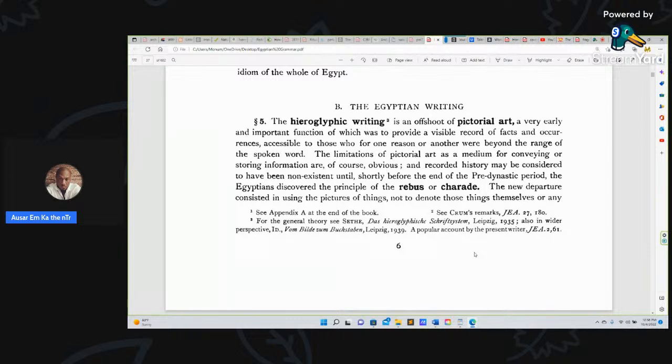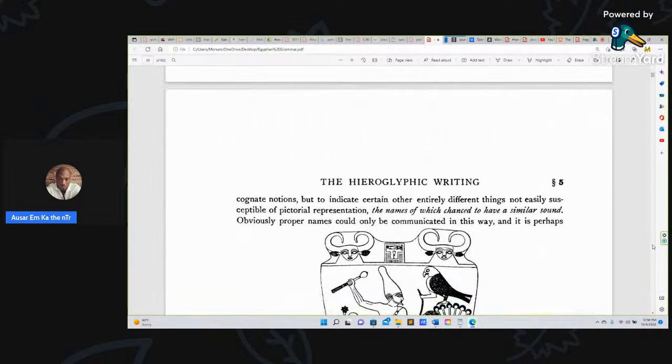The new departure consisted in using the pictures of things, not to denote those things themselves or any cognate notions, but to indicate certain other entirely different things not easily susceptible of pictorial representation, the names of which chance to have a similar sound.